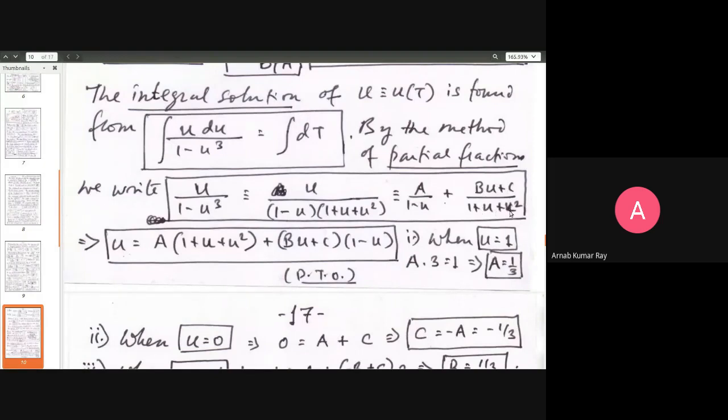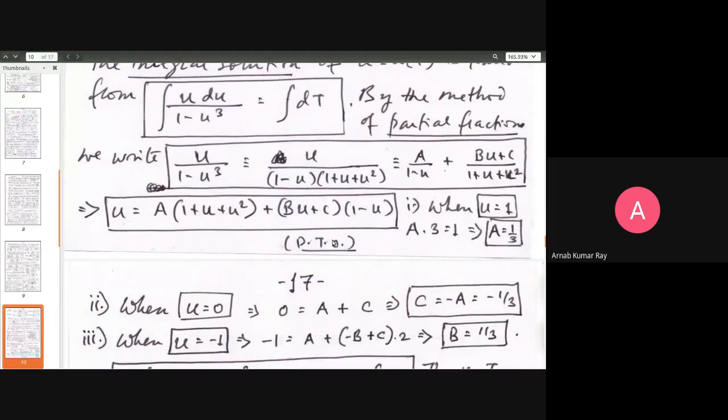Recall your school knowledge of partial fractions. I believe your memory about all that is intact still. Then you multiply this whole thing by 1 plus u squared into 1 minus u, and this is the equation that you get. Now there are three unknown quantities, a, b, and c. When u is equal to 1, this will be equal to 1: a into 1 plus 1 plus 1 will be 3.